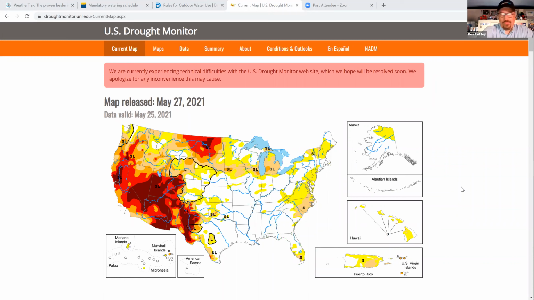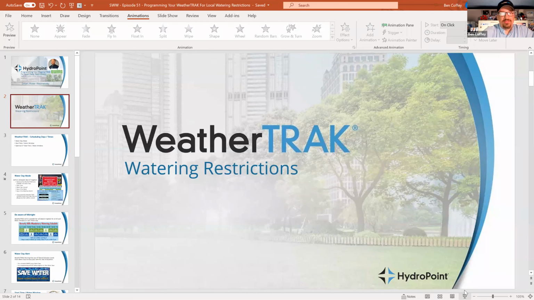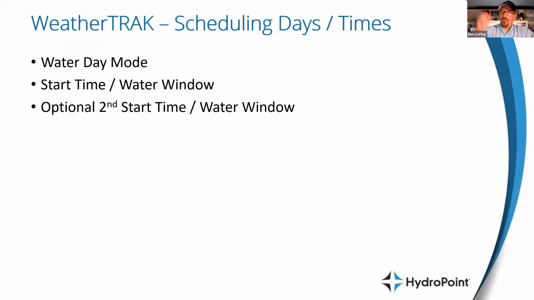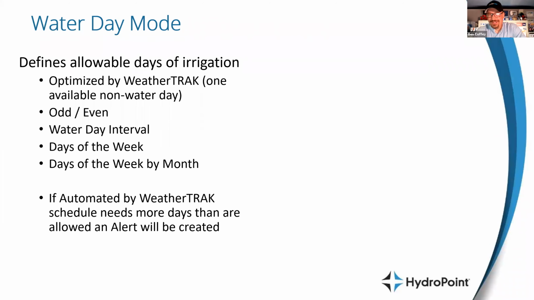And so we are going to go into the WeatherTRAK features that allow us to manage that. WeatherTRAK will only operate when we tell it that it's okay to operate, when we allow it to run the irrigation schedules.